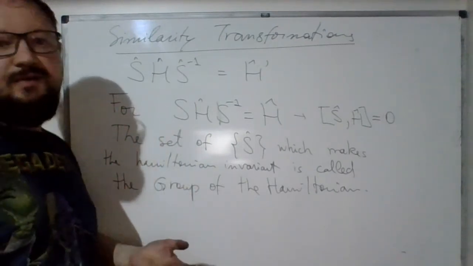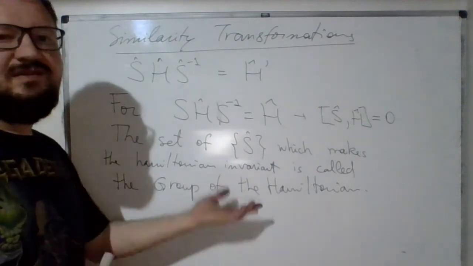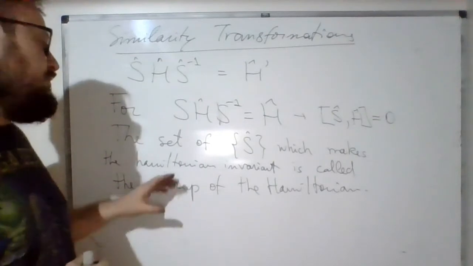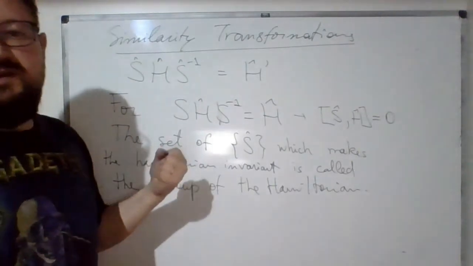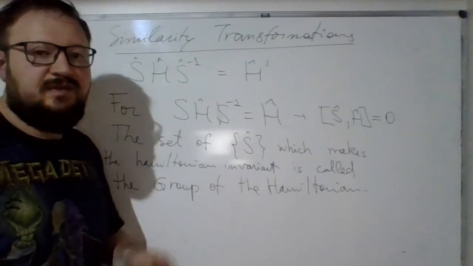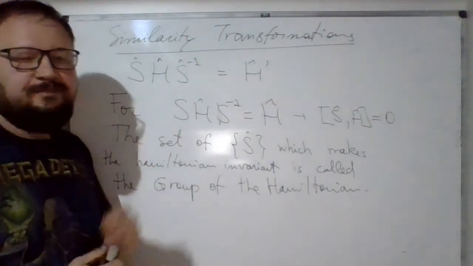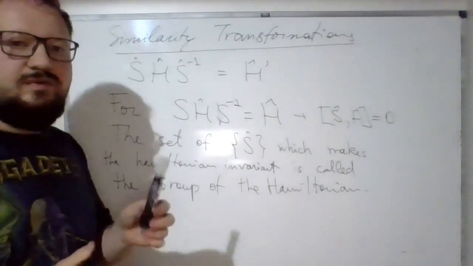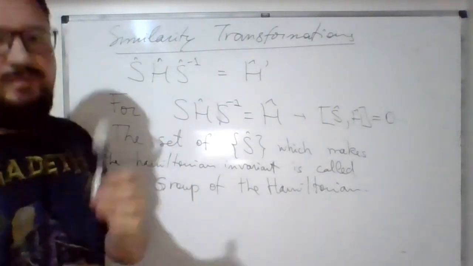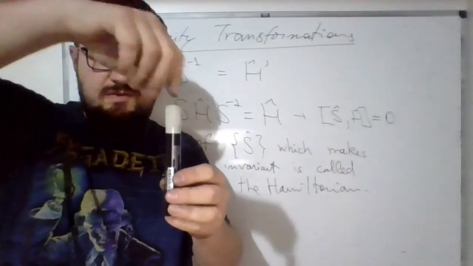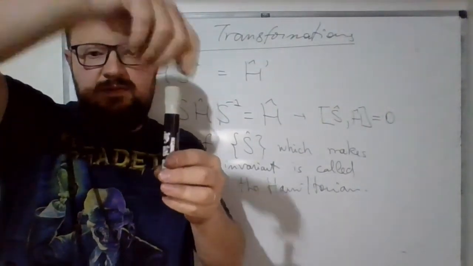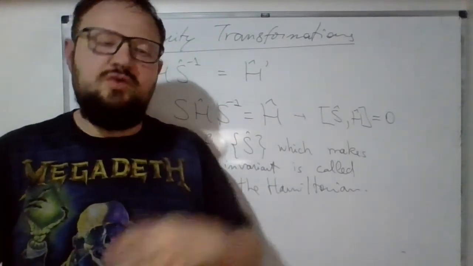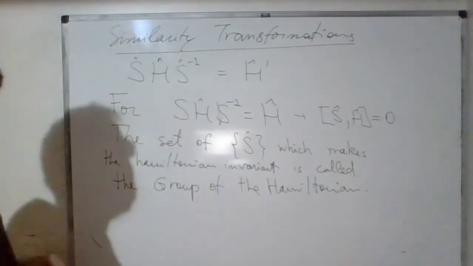Usually, rotations, translations, and phase transformations in quantum mechanics also are important. There are transformations which are just discrete, represented by a discrete set of elements. There are transformations which are represented by continuous parameters. Suppose rotations: in this case, you can rotate by any angle, and rotations must be represented by an infinite continuous group.